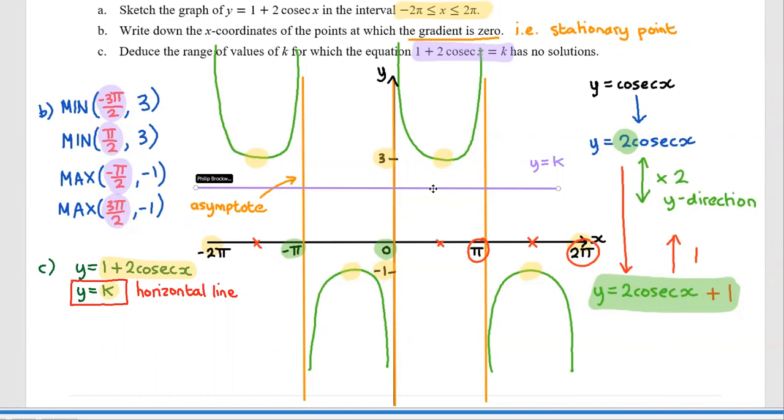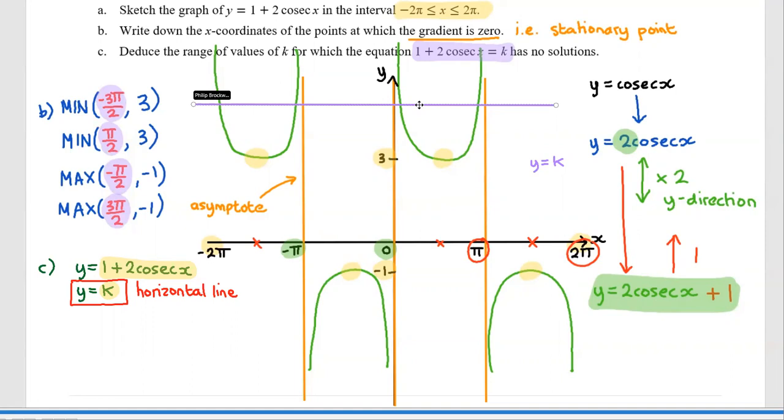So the question is, what range of values will give me no solutions for when this line is equal to 1 plus 2 cosec x? Well, we can see it quite easily. If I move this line up to somewhere around here, we just have to look for the number of points of intersection with the graph that we've just drawn in that range from -2 pi to 2 pi.